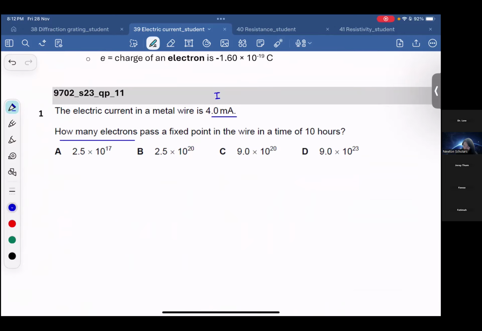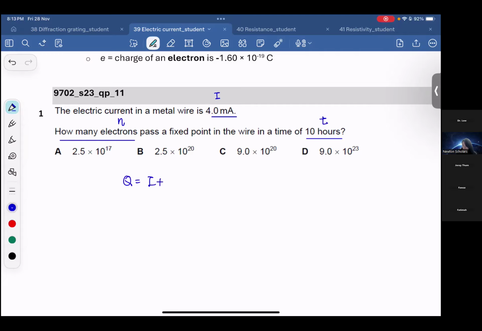How many electrons pass a fixed point in the wire in a time of 10 hours? So how do you solve it? Which formula are you going to use? Do your calculation.